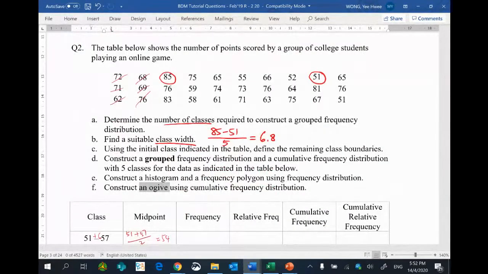So round up to the next round number, 7. Every class must have 7 numbers. So if you look at this class, are there 7 numbers? You count 51, 52, 3, 4, 5, 6, 7. So there are 7 numbers.